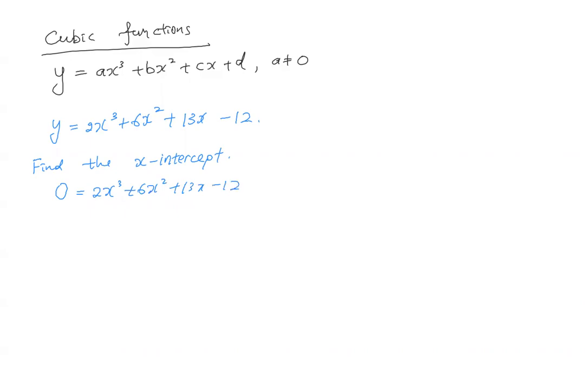So can you get the value of x from your calculator? Do you know how to use your calculator and get the value of x? This is a cubic equation. Okay, can someone give me the answer? It's exactly like how you find your quadratic equation solution.